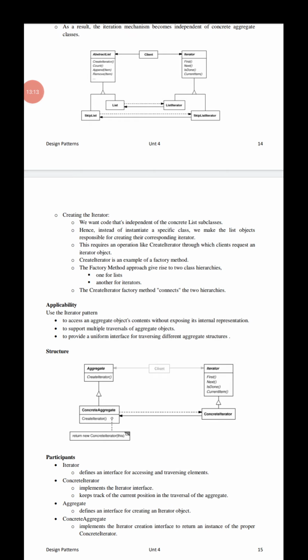Since we want to write code that is independent of the concrete list subclasses, we cannot simply instantiate a specific class here. The list objects we are accessing are responsible for creating their corresponding iterator.